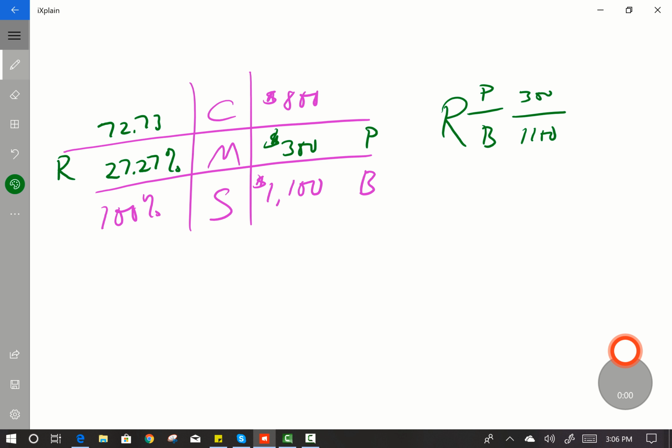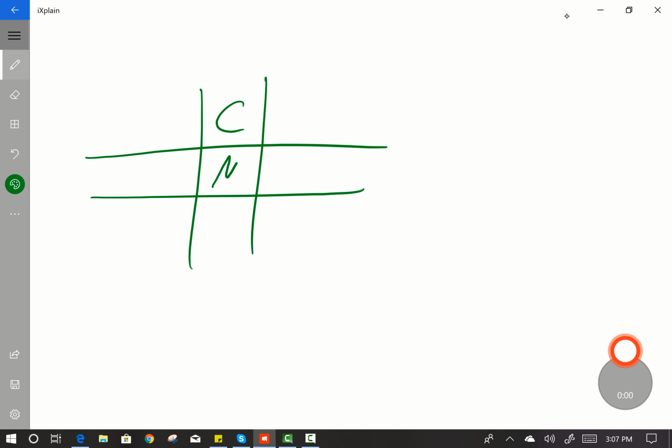Now let's move to number 8. Earl Miller, a customer of J. Crew, will pay $400 for a new jacket. This one's worded a little bit differently. Let me read the whole question.